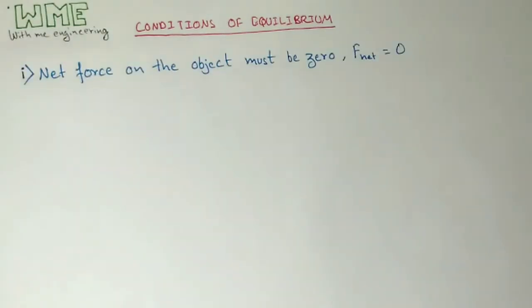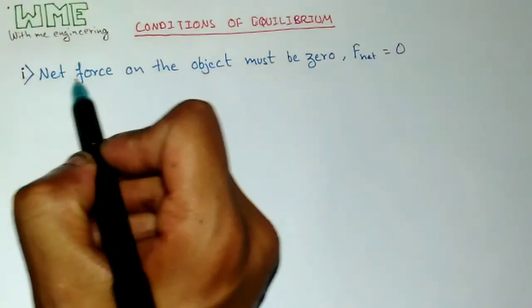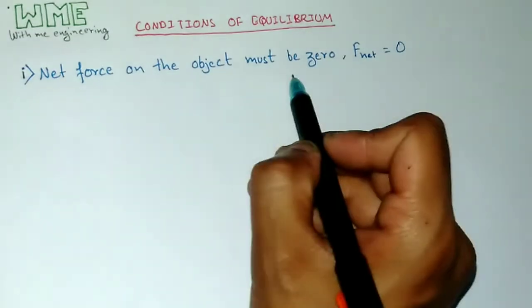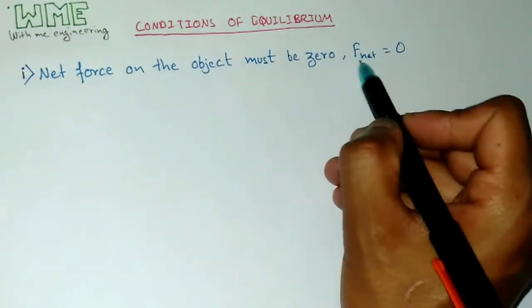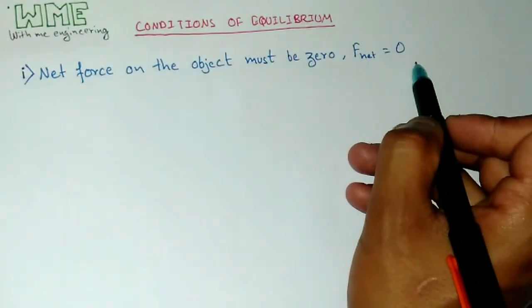Now let us discuss the conditions of equilibrium. There are two conditions to fulfill for a body to attain a state of equilibrium. Number one, the net force acting on the object must be zero, that is, F net equals 0.